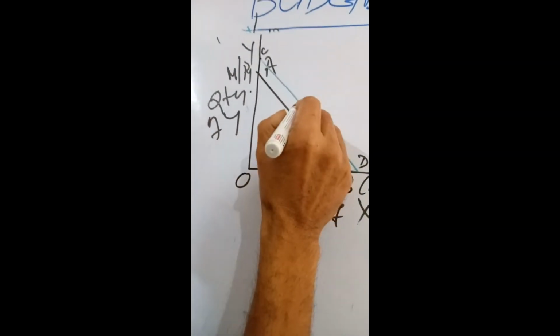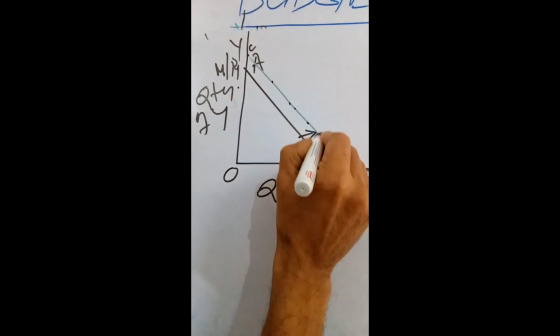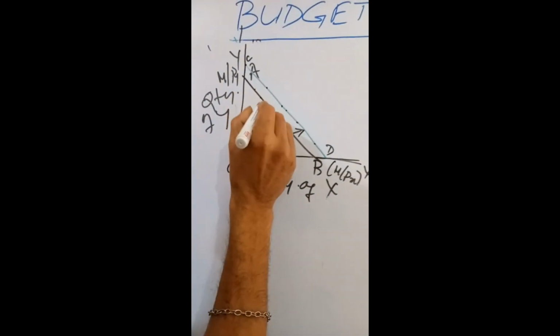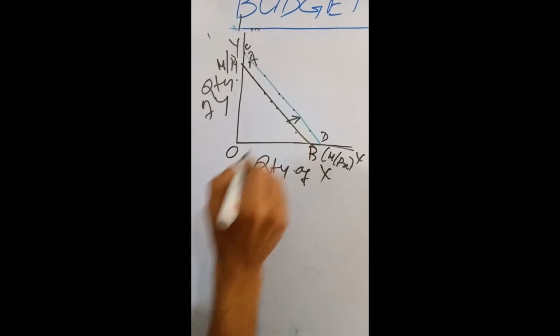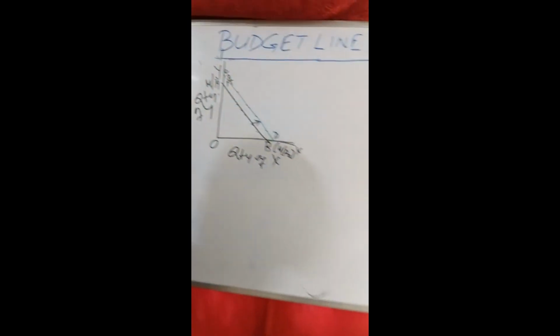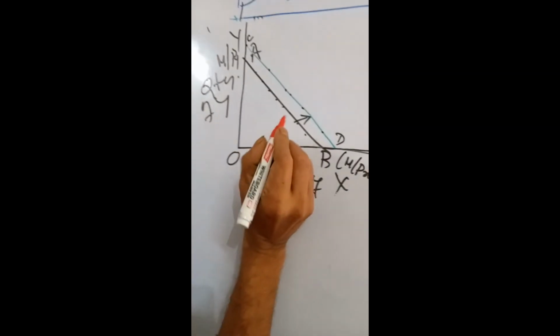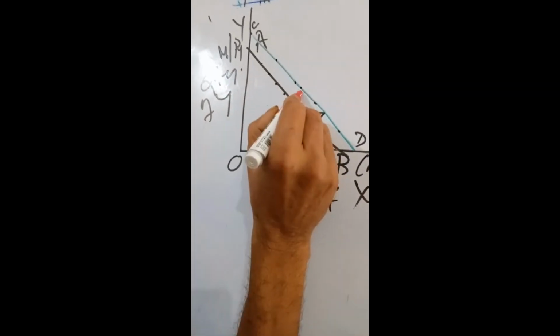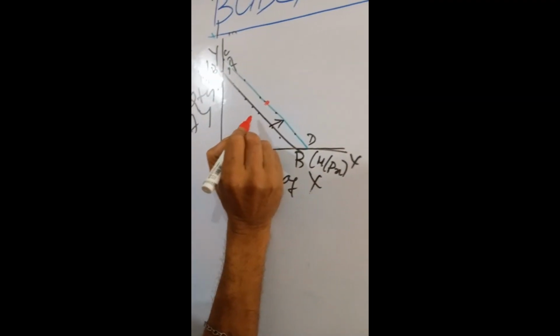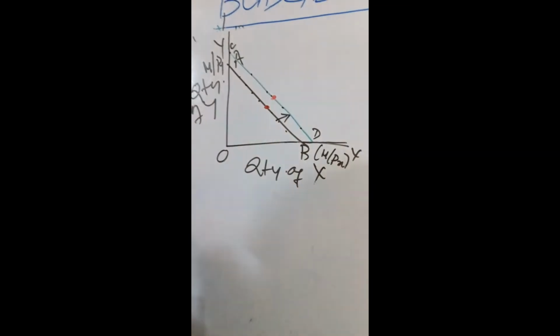Now all the points on CD are equally expensive to the consumer, and all the points on AB are equally expensive to the consumer. So what is ultimately happening, you see, any point on CD is more expensive than any point on AB.